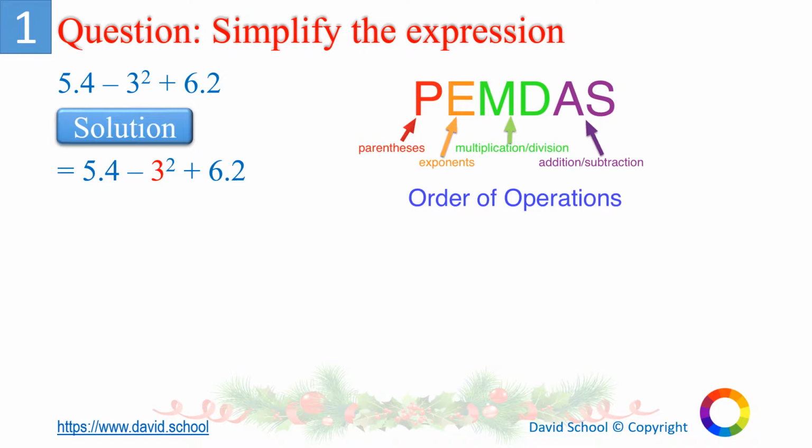Simplify 3 squared, which is 9. Therefore, this is equal to 5.4 minus 9 plus 6.2. Now we are left with plus and minus symbols. Therefore, we do additions and subtractions from left to right. We get 11.6 minus 9, which is equal to 2.6.